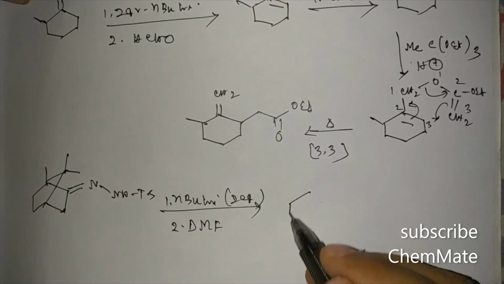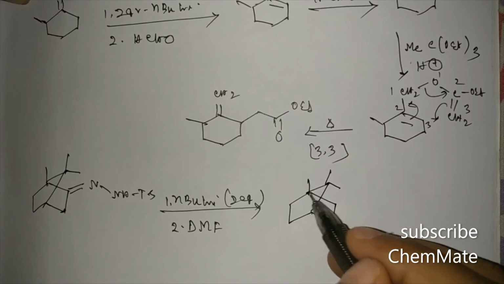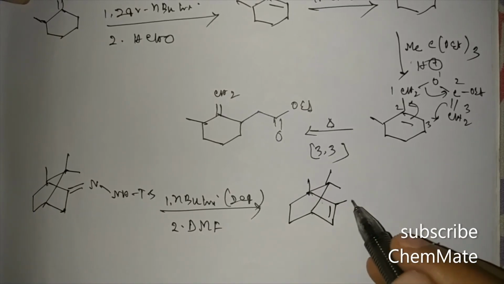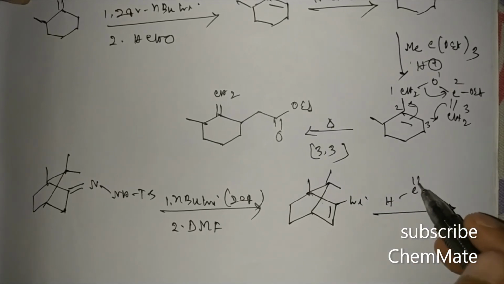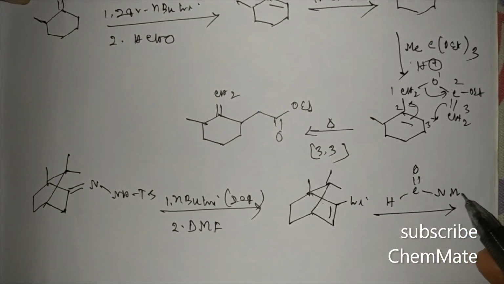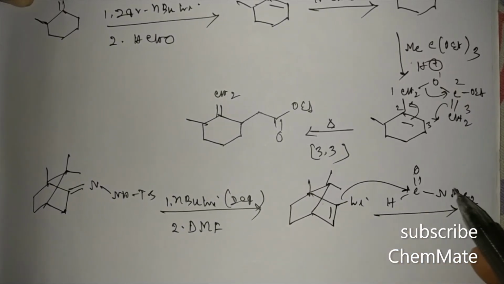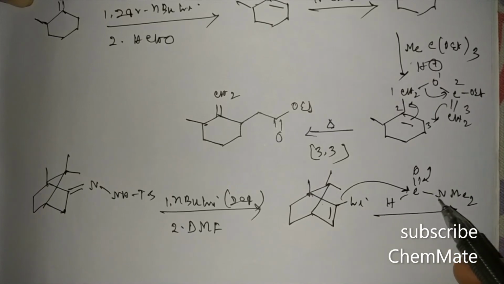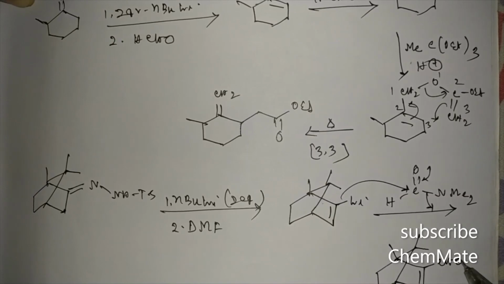So the alkenyl lithium species that will be formed here is this, and when it reacts with DMF, which is the synthetic equivalent of a formyl group, it will convert into a formyl group. So this will be the product.